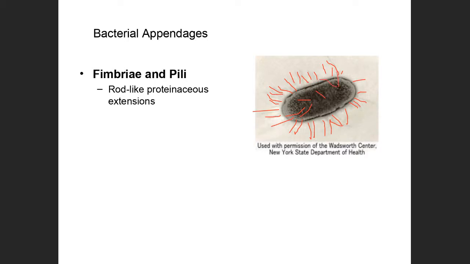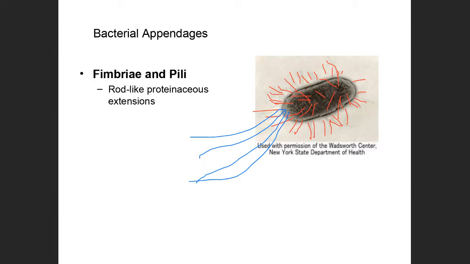Now, bacteria can have fimbriae, and then they can also have flagella. So the flagella can be lophotrichous back here. But the structures of those things are different. The flagella are the structures of locomotion, and the fimbriae are structures that allow for attachment.